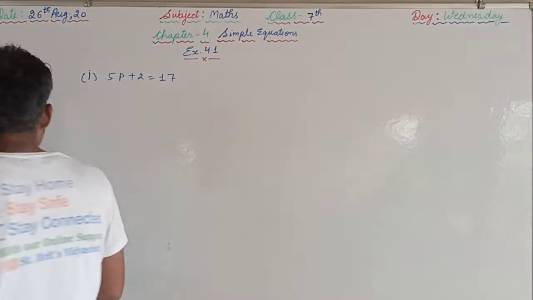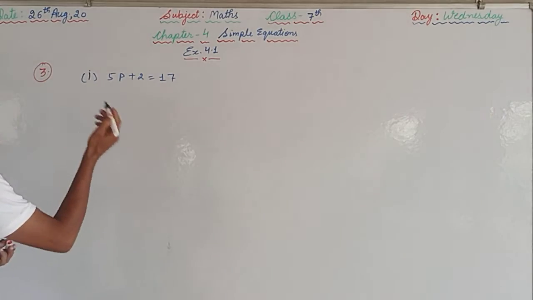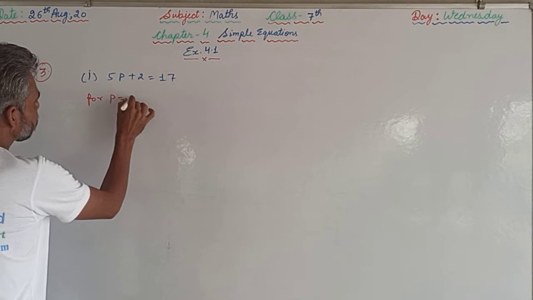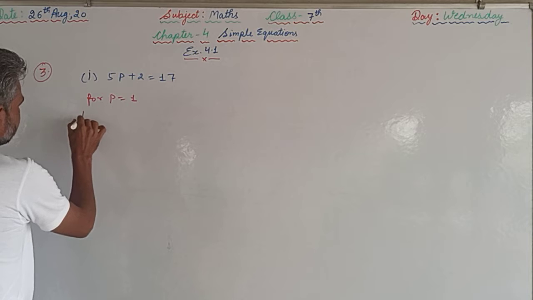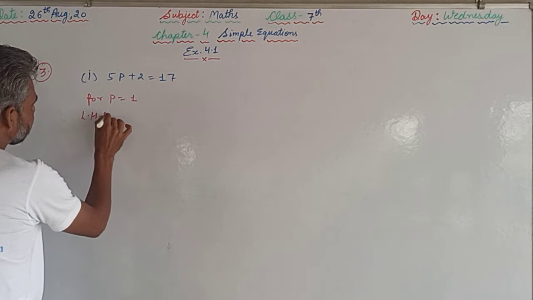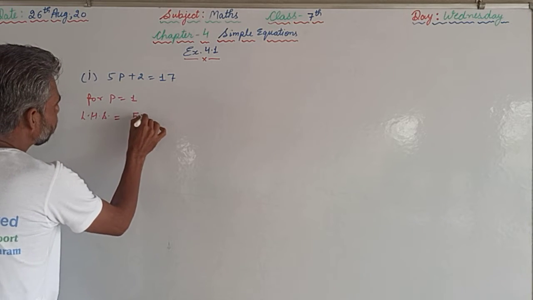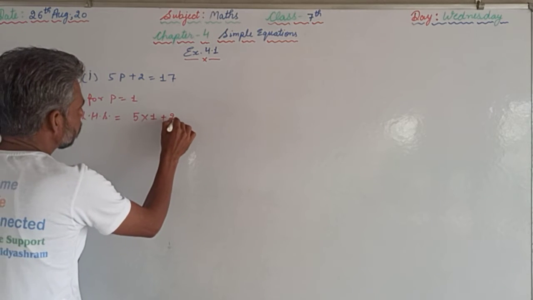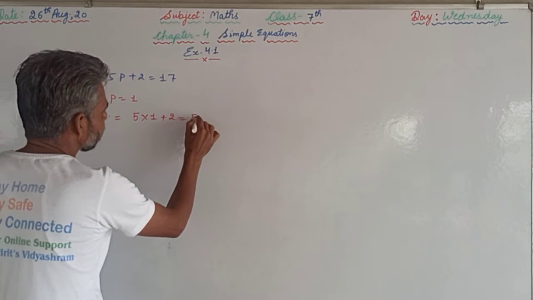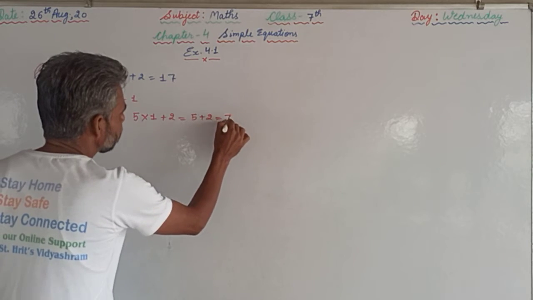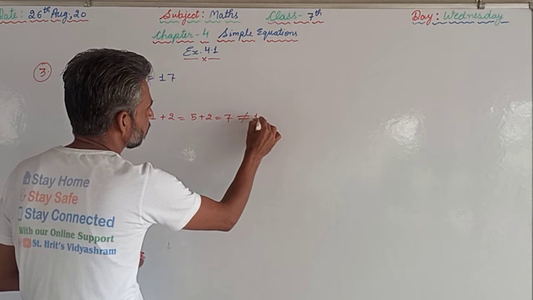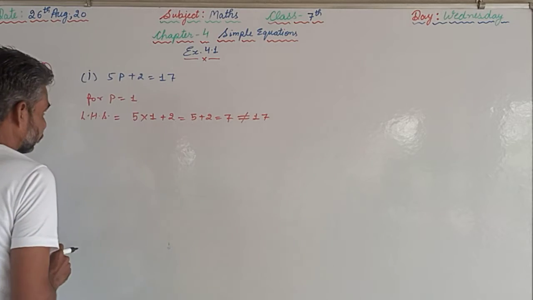So we will start with p is equals to 1. For p is equals to 1, left hand side will be 5 into p, and p we have taken 1. 5 into 1 plus 2, that is 5 ones are 5, plus 2 is equals to 7, and 7 is not equals to 17.